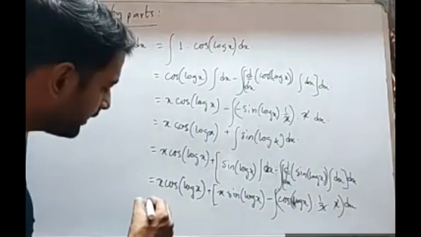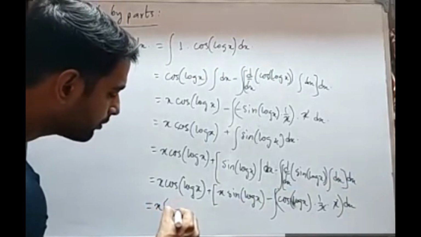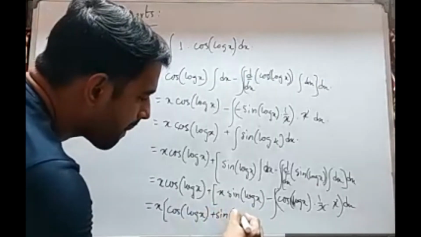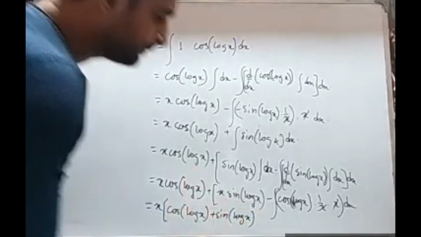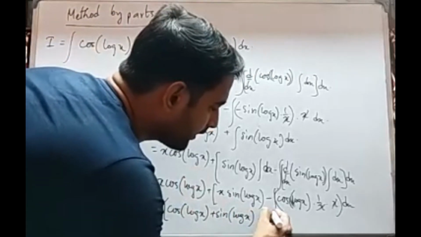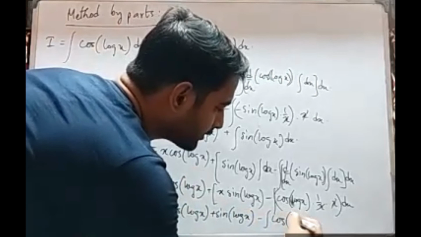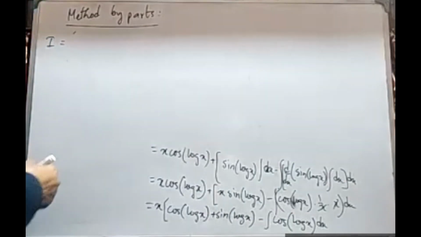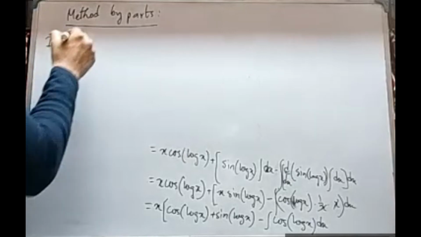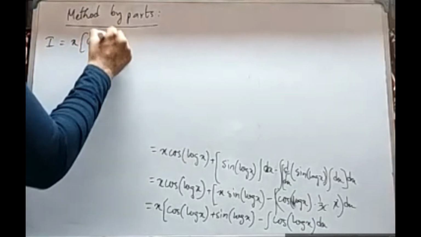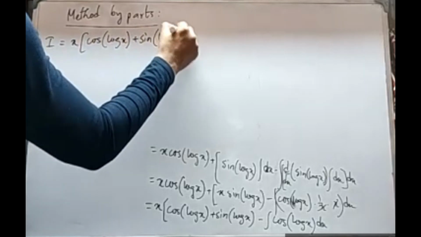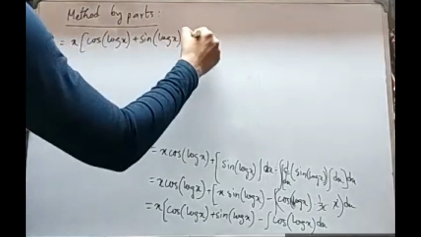So it can be simply written as x common, cos log x plus sine log x minus integration of cos log x, which is nothing but I. So I is equal to x common cos log x plus sine log x minus I we can write.